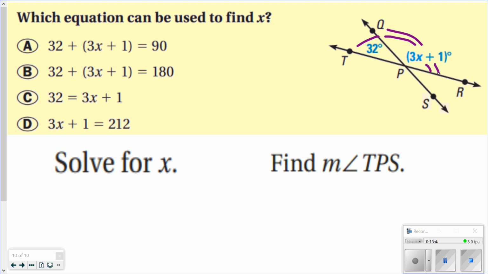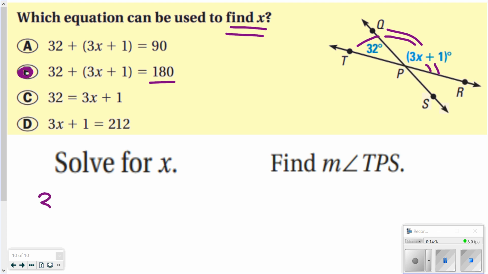So now thinking about the question I just asked you and looking at your answer choices, which one is going to be used to find x? A, B, C, or D? Well, the answer here is B. These are supplementary angles, a linear pair, so they add up to 180, so I have to add the two expressions together.